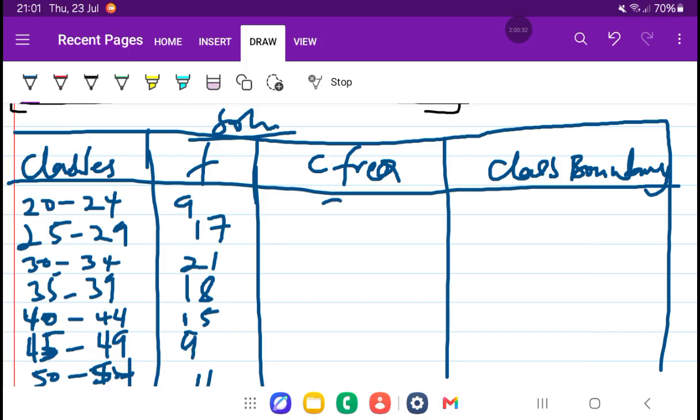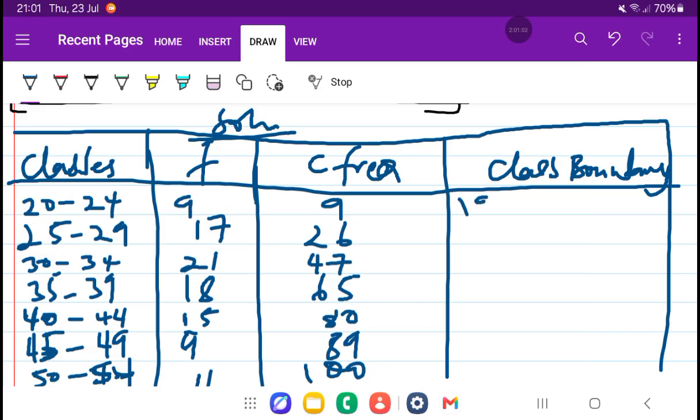We take the 9 plus 17, that will give you 26. 26 plus 21, it gives you 47. 47 plus 18, that is 65. 65 plus 15, that's 80. 80 plus 9, that's 89. 89 plus 11, that's 100. It means our total frequency is 100.